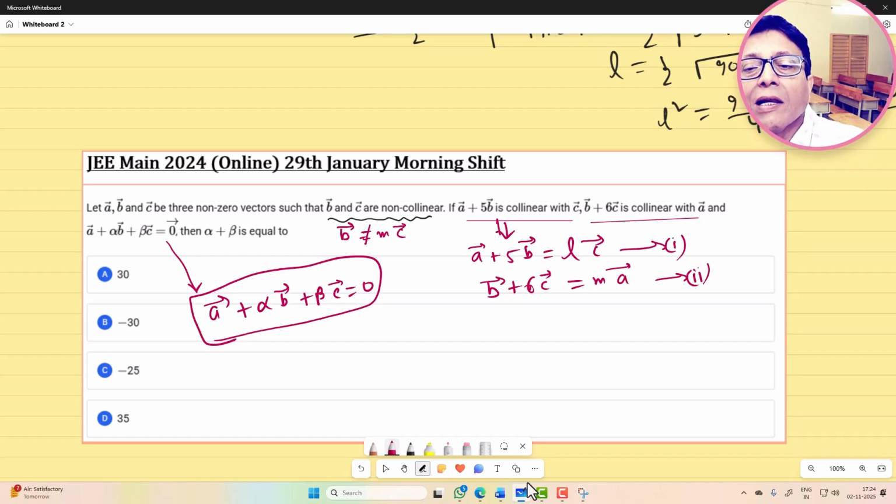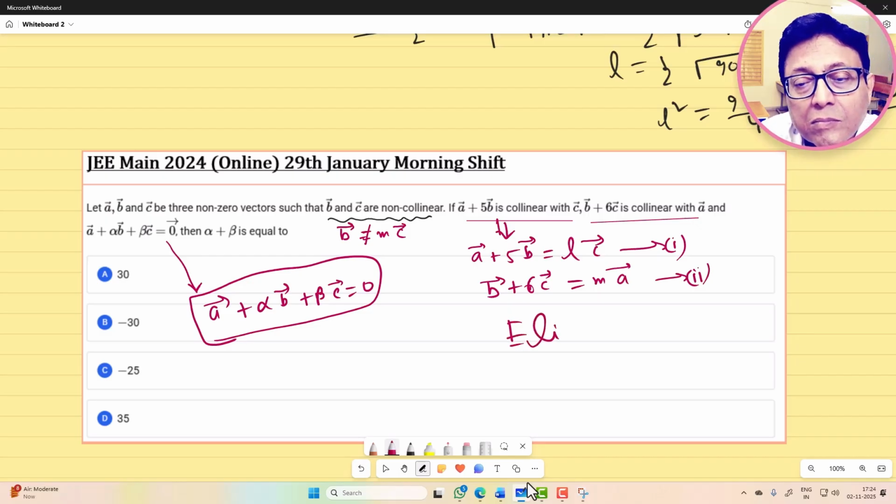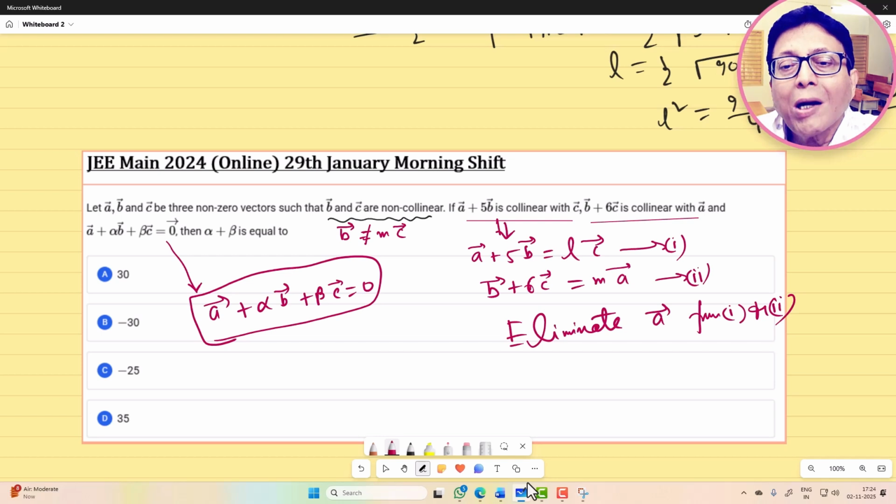Immediately let us find a relationship between A and B or B and C or C and A. This can be done by eliminating one of the vectors. We eliminate A from 1 and 2. What do you get? A equal to LC minus 5B, you substitute there. In the second equation you put the value of A.